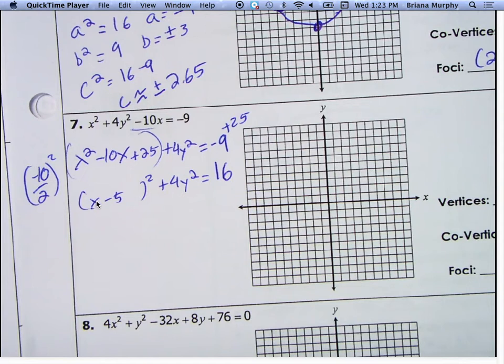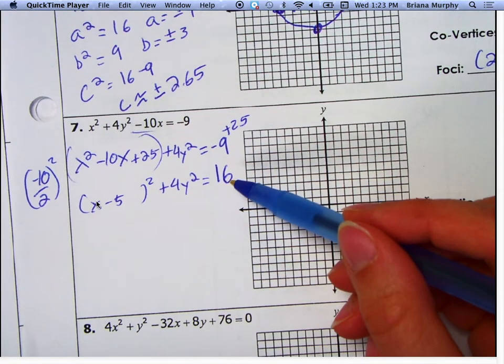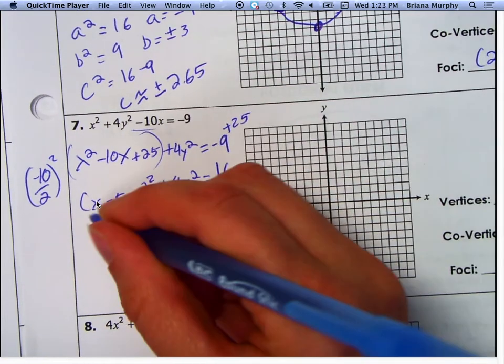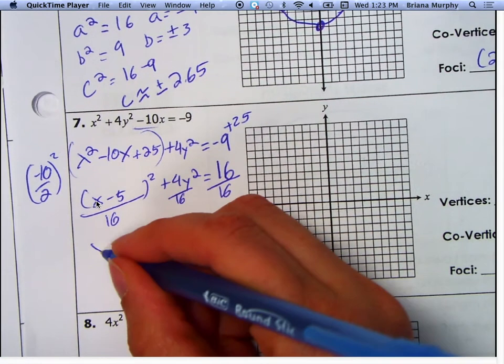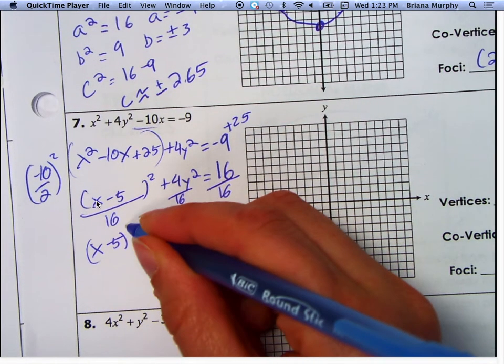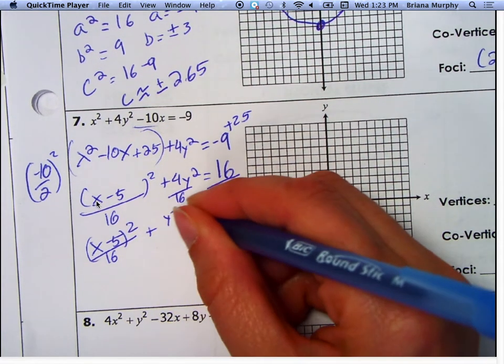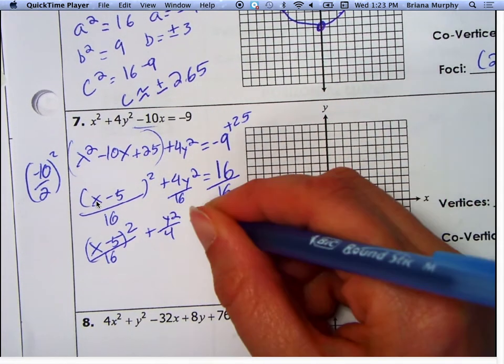Sorry, I'll slow down. Okay, what do I do with this 16? Divide everything by 16. So I have x minus 5 squared over 16 plus y squared over 4 equals 1.